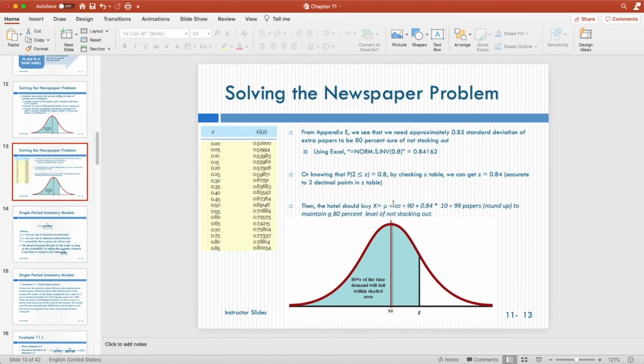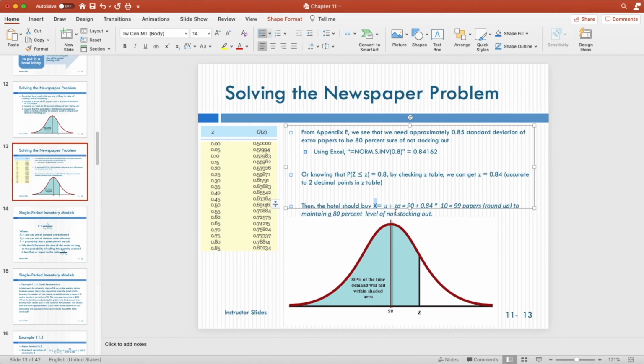That's why here you see mu plus z sigma equals 90 plus 0.84 times 10. Basically, I just plug the corresponding values into this equation in order to get our final product, x. X corresponds to our final result.